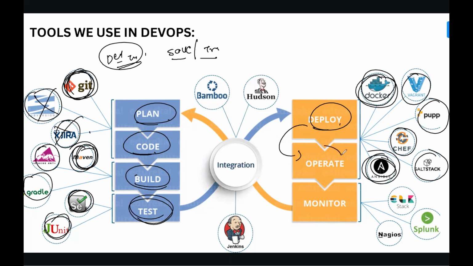After deploy, what do we have here? We have operate. To operate our code, we have Docker, Vagrant, Puppet, Chef, as well as Salt. Here we are going to learn again Docker as well as Ansible, and also the most important tool, without which you are not a DevOps engineer: Kubernetes.